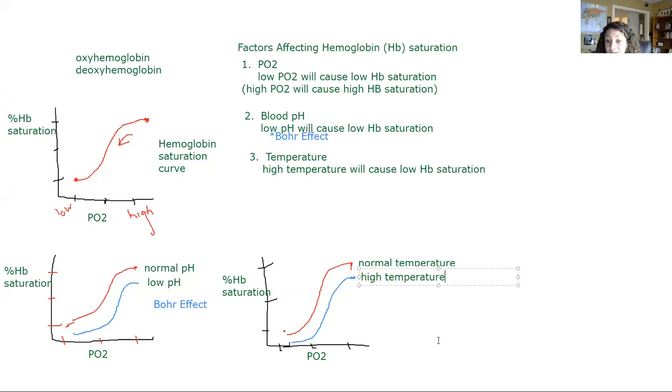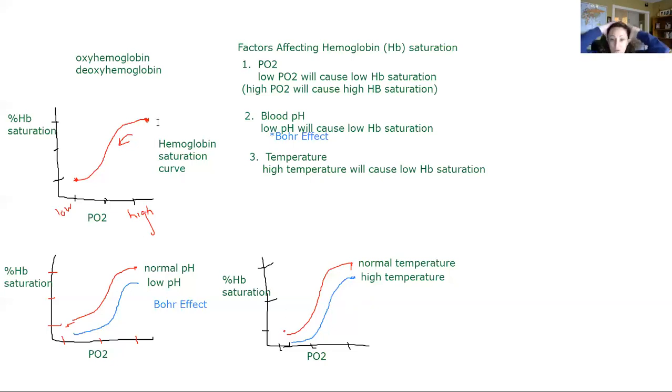Just because it's higher temperature doesn't mean the curve is higher, because high temperature has an inverse relationship with saturation. It's going to be lower saturation. Okay, this curve doesn't really have a name. You can just call this how temperature affects hemoglobin saturation.